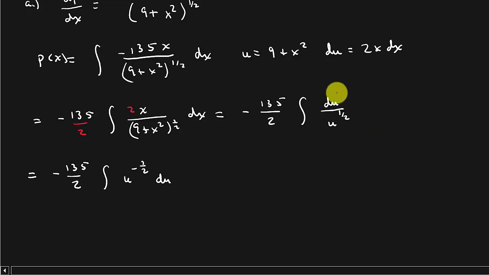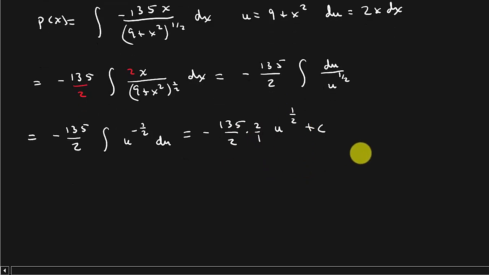We got to move it up, so now we can use that property x to a power. And so that's going to be negative 135 over 2. That's going to be u to the positive 1/2. Negative 1/2 plus 1 is positive 1/2. So there's my new exponent. Multiply by the reciprocal of your new exponent plus c.